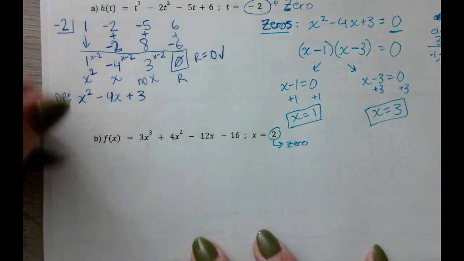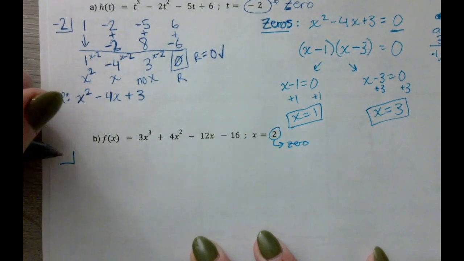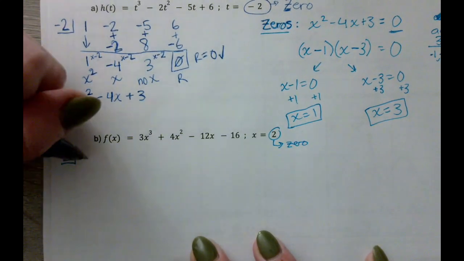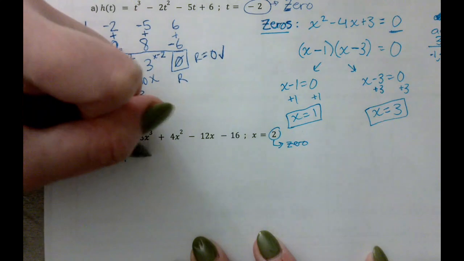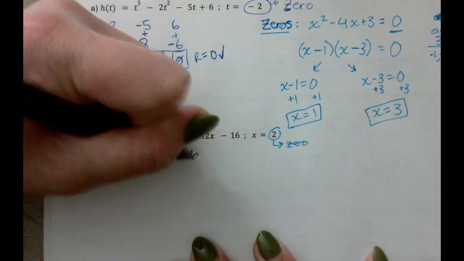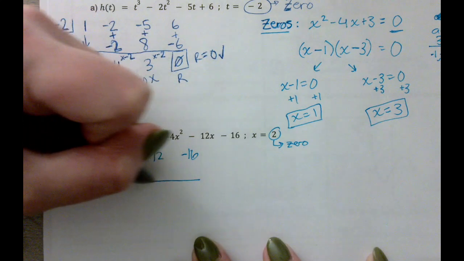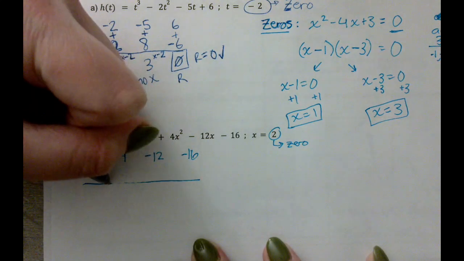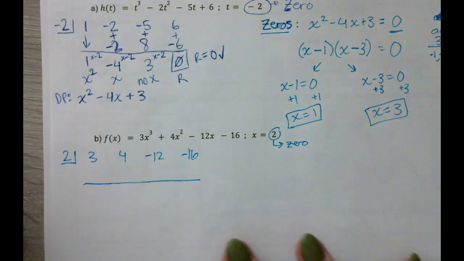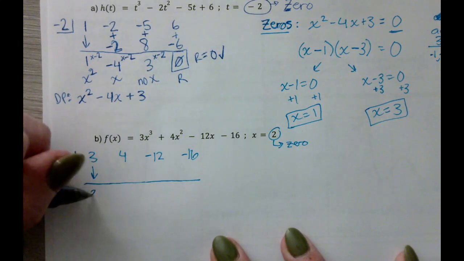So let's go ahead and set up the synthetic division. We have 2, 3, 4, negative 12, negative 16. First, we bring down that 3.